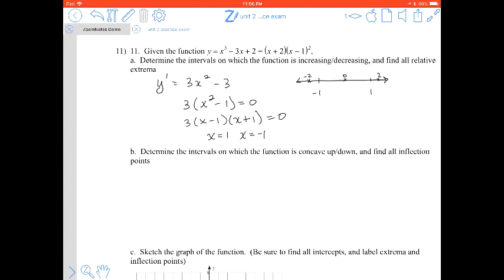So if you plug -2 into the first derivative for all the x's, we're going to get -2 minus 1, that's negative. -2 plus 1, it's also negative. Negative times a negative is a positive. If I plug in a 0 for both of those x's, we're going to get negative times a positive, which is a negative. If I plug in a 2 for both of those x's, we're going to get positive times positive, which is a positive.